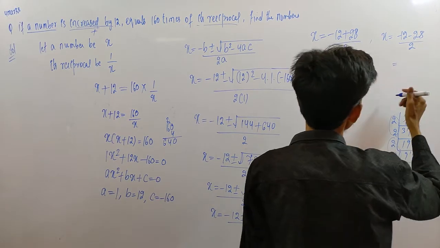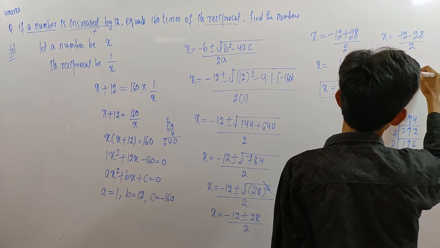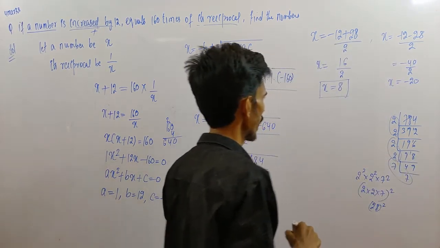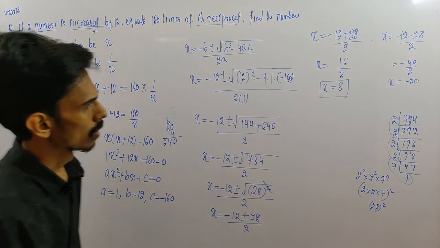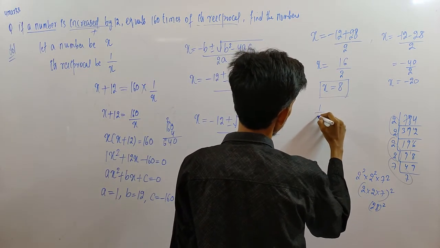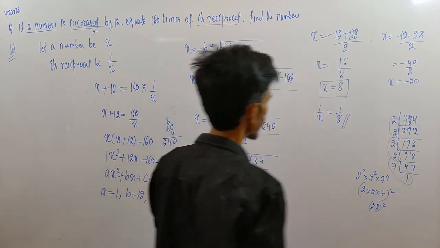So this will become minus 40 by 2. So it will become minus 20. We have two values of x: x equal to 8 and x equal to minus 20. Hence x value is 8 and its reciprocal is 1 by x, that is 1 by 8. These are the two numbers.